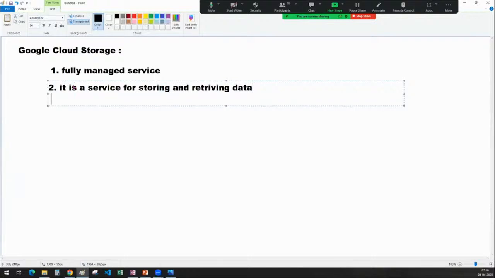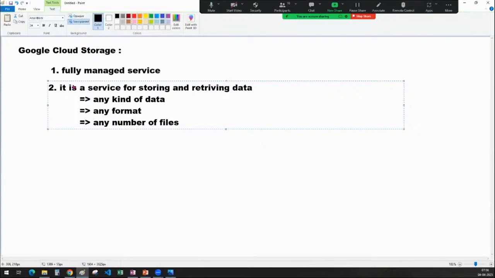What kind of data can I store here? What format of data can I store? How many files can I store? How much data can I store?